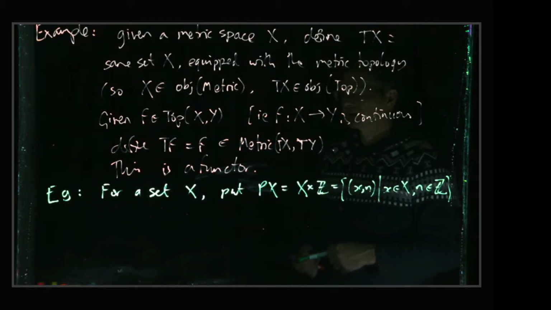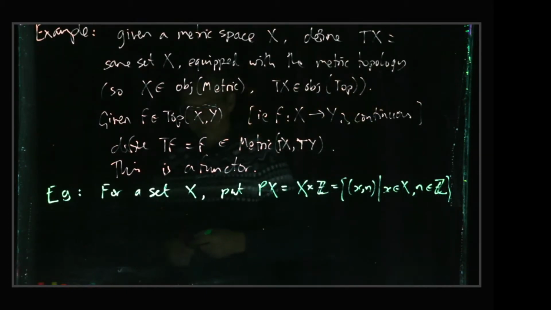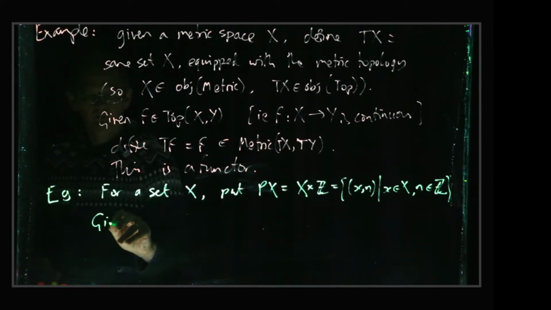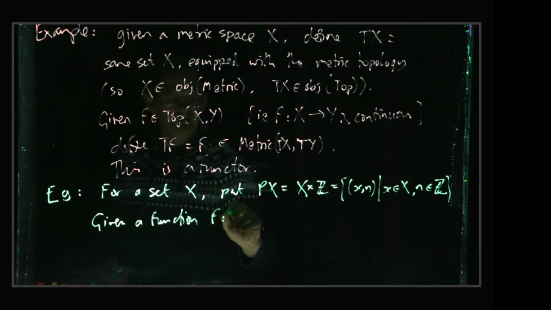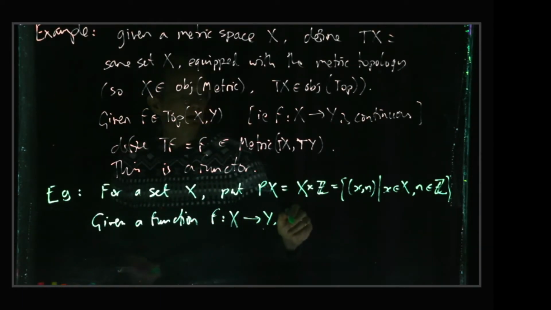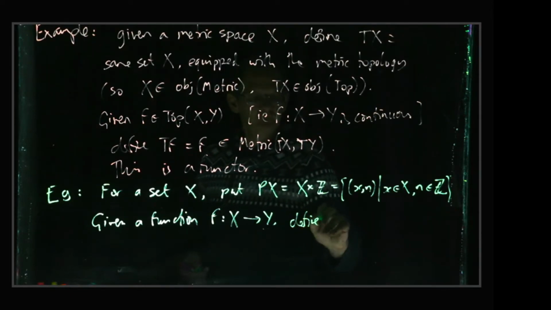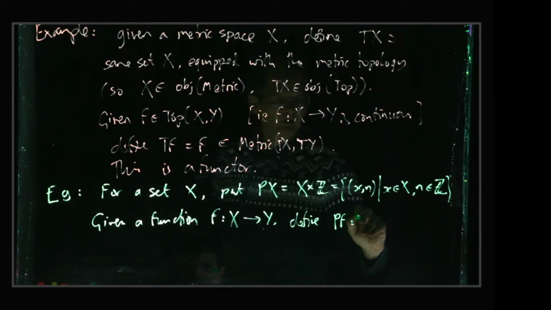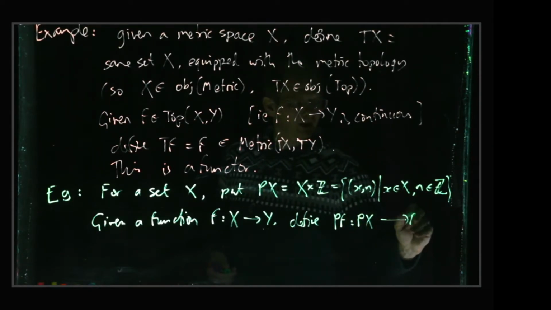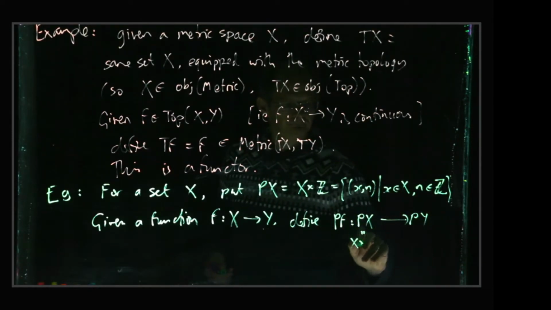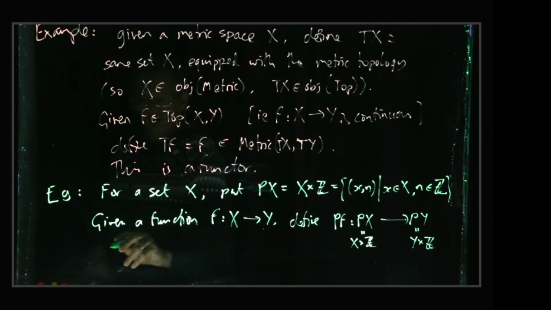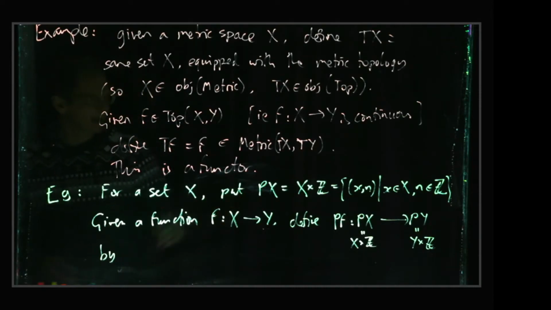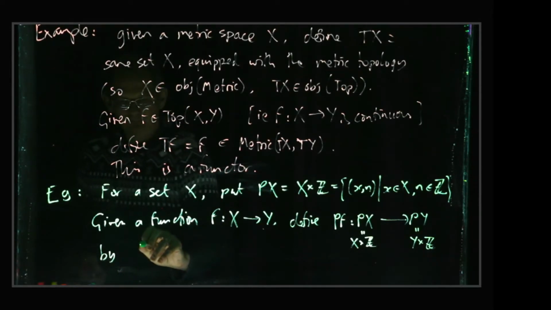But to make it a functor, we need to say what it does on morphisms. So given a function f from X to Y, we need to define Pf from PX to PY. Now to define a functor like this, you need to define a function Pf, and well, what's it going to be?